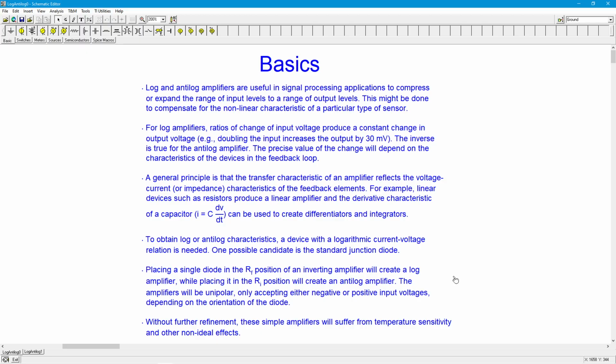All right, so I'm going to stick again with these fairly simple circuits, but I want to warn you up front. By themselves, these circuits have some issues, one of which is they're highly temperature sensitive. They're not super stable in that regard. There are some other issues I won't get into, but it's enough that you could sort of play with this. One of the nice things about using the simulator is that you don't have to worry about device matching, right?